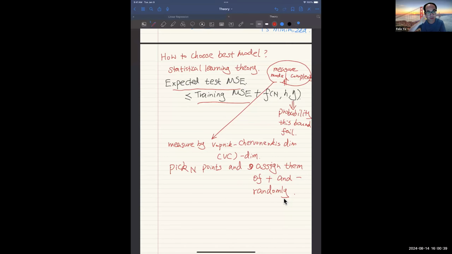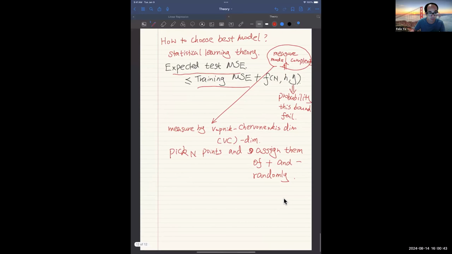For example, suppose our model is the hyperplane, and we only have 3 points. Say we have 2 plus and 1 minus. You can draw a line to separate them perfectly. If you have all plus, you can also draw a line to separate them perfectly.